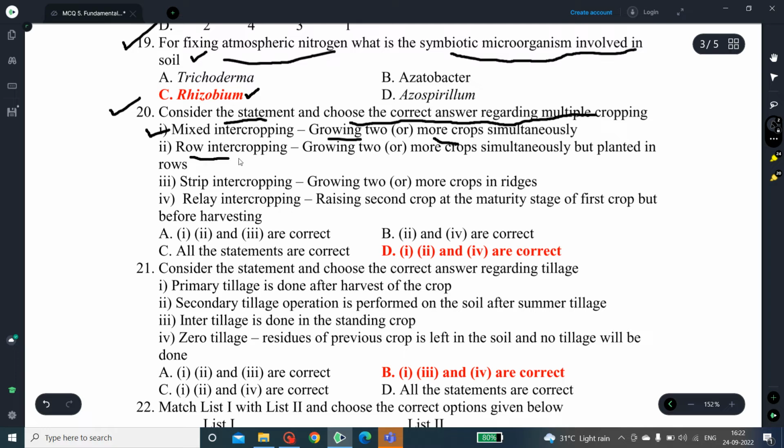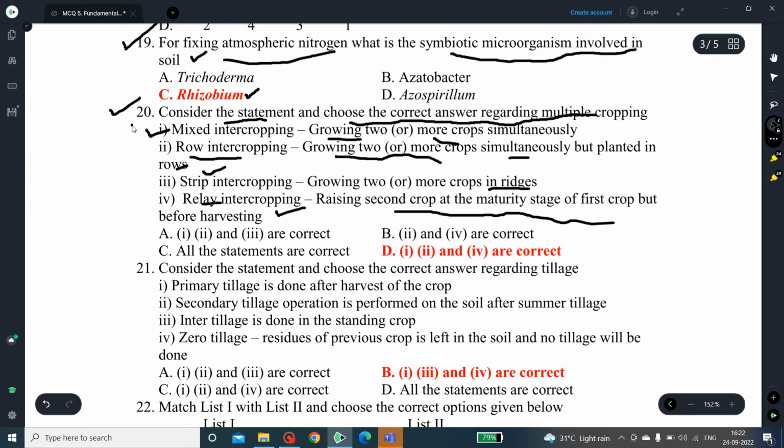Row intercropping, growing two or more crops simultaneously but planted in rows. Strip crop intercropping, growing two or more crops in ridges. Relay intercropping, raising second crop at the maturity stage of first crop but before harvesting.